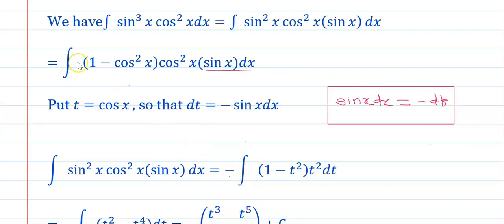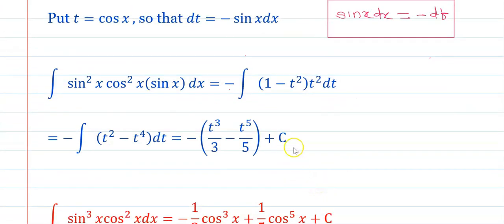Next, 1 minus cos square x. Cos x is t. Therefore, it is 1 minus t square. Again cos square x, therefore it is t square into dt. Okay. Next simplification is this t square into 1, t square into t square, t raised to 4. Here is a minus sign. Its integral is t raised to 3 upon 3, t raised to 5 upon 5 plus c.